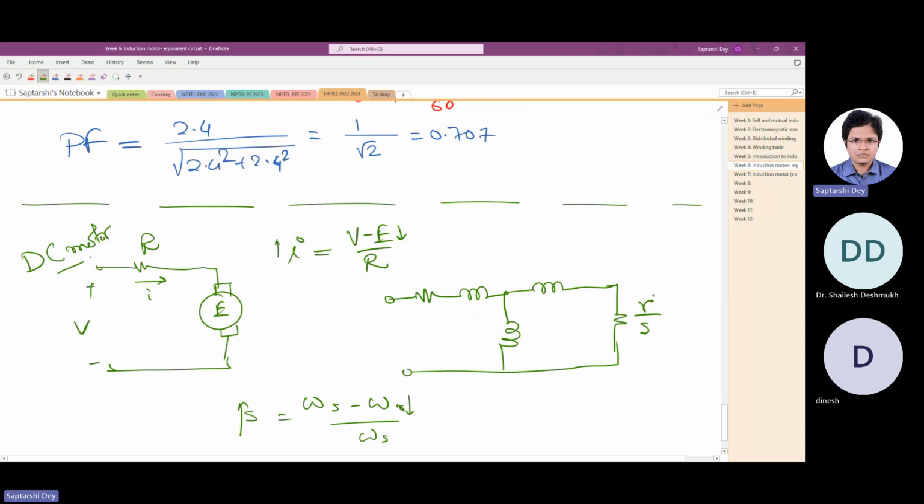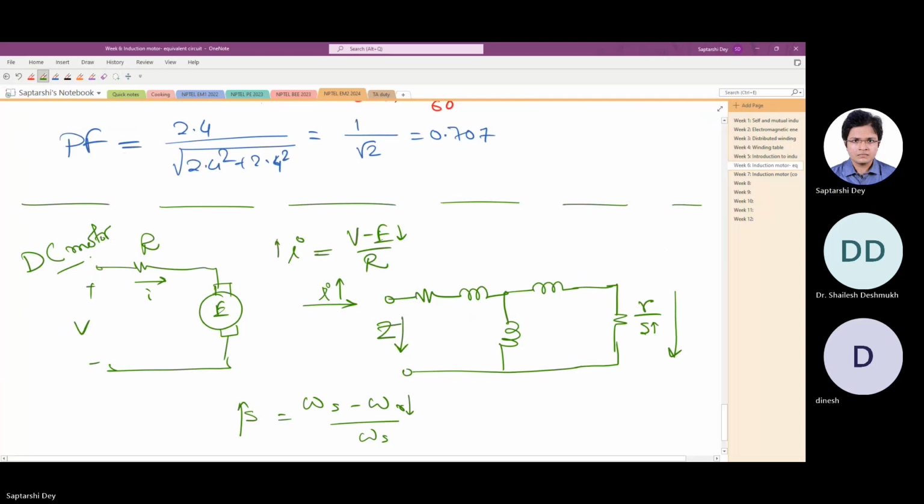S increases means R by S reduces, so the equivalent Z reduces. That is why for the same voltage, the machine draws more current. This is how I try to get the physical idea why the current increases when you load the induction machine.